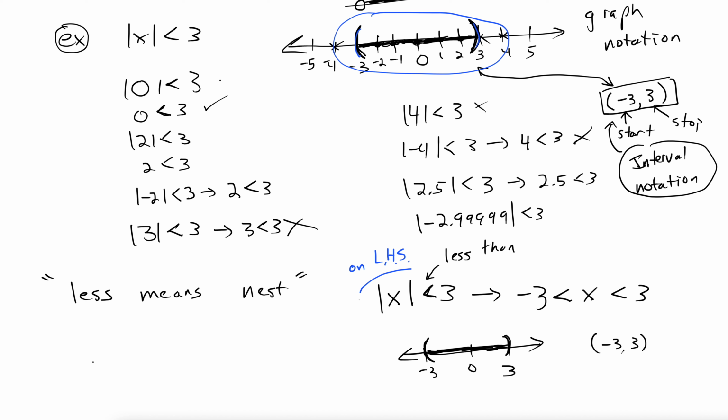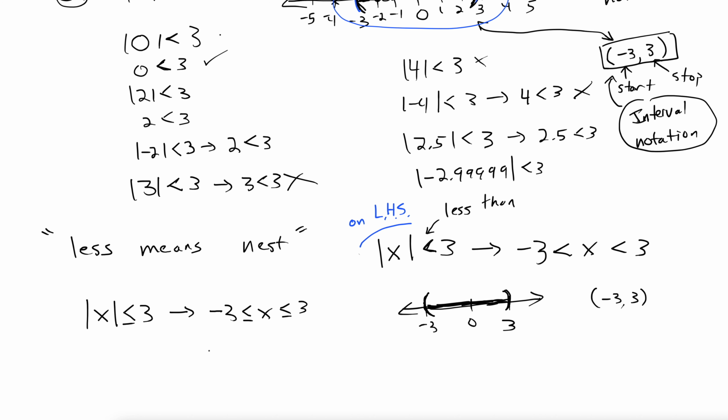If this was absolute value of x less than or equal to 3, it's still less means nest. We just nest it like this: negative 3 less than or equal to x less than or equal to 3. And now we include 3 in our interval.